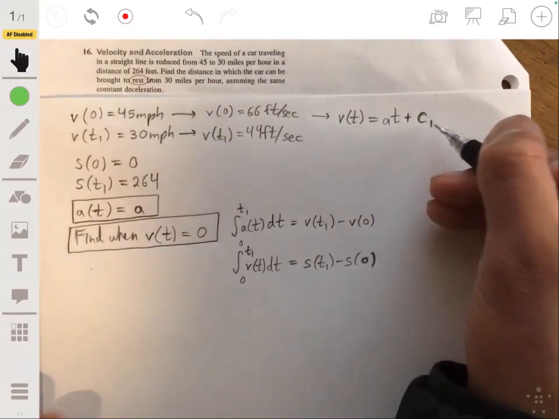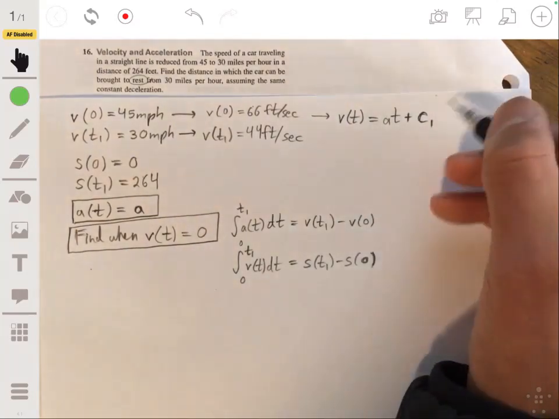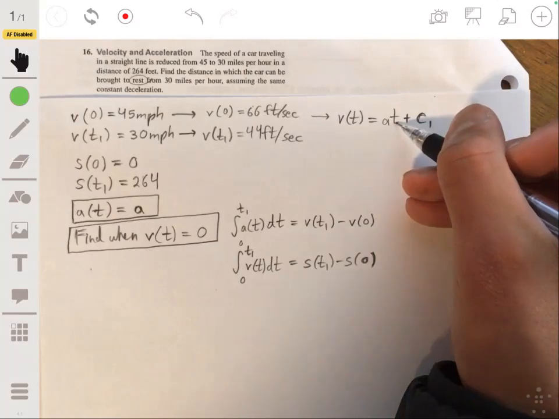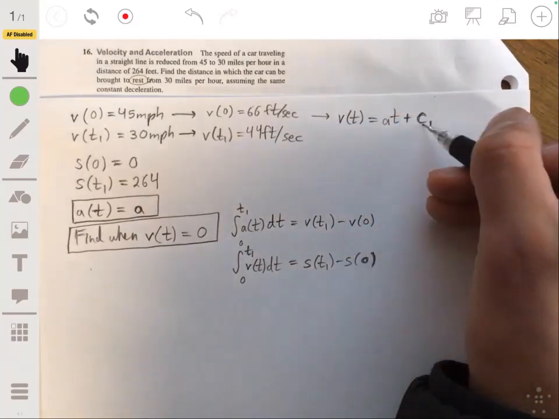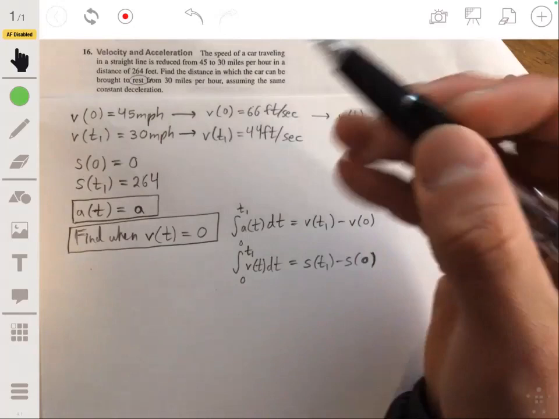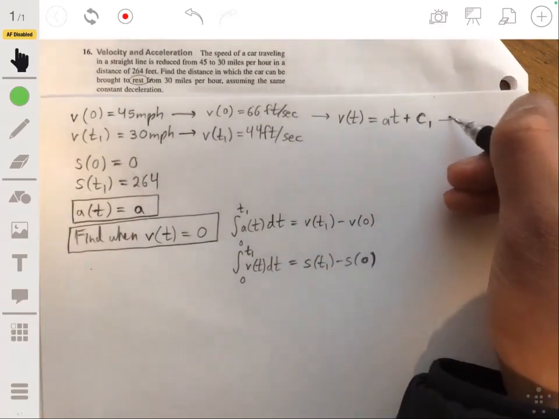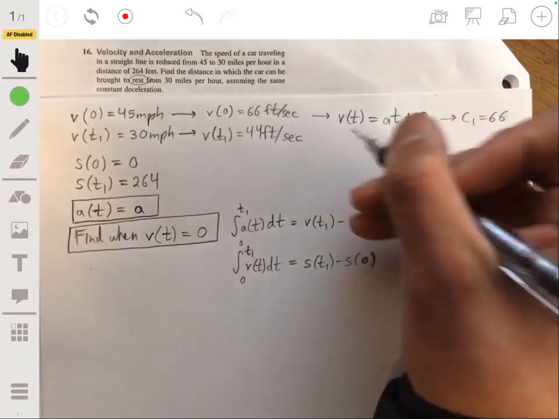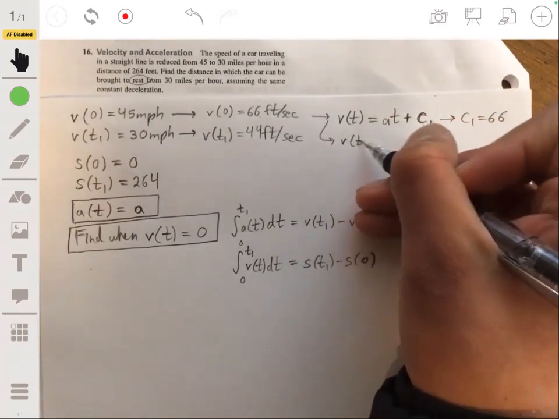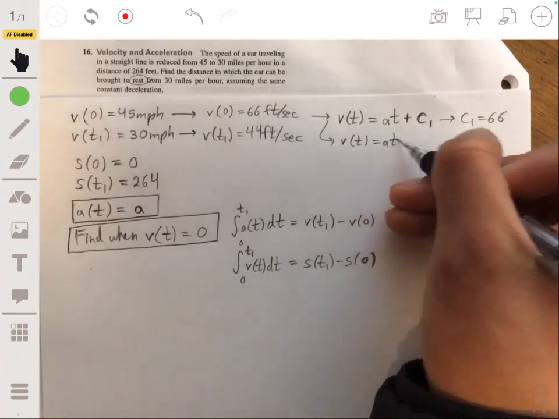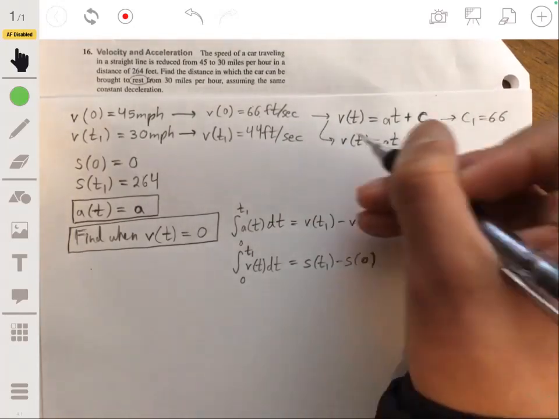That constant is just going to be the initial velocity, because when you plug in 0, all we have is c1. So c1 is equal to 66. From here, we can write that v of t equals at plus 66.